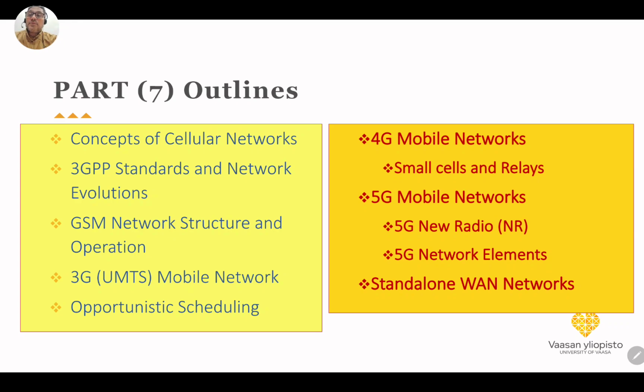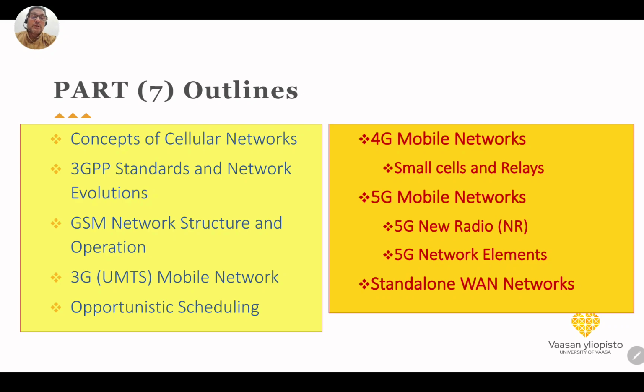In part 7 outlines, we will review concepts of cellular networks, 3GPP standard and network evolution, GSM network structure and operation, and the third generation, mainly the UMTS mobile network. We will talk about opportunistic scheduling, the 4G mobile networks, mainly LTE and LTE advanced.